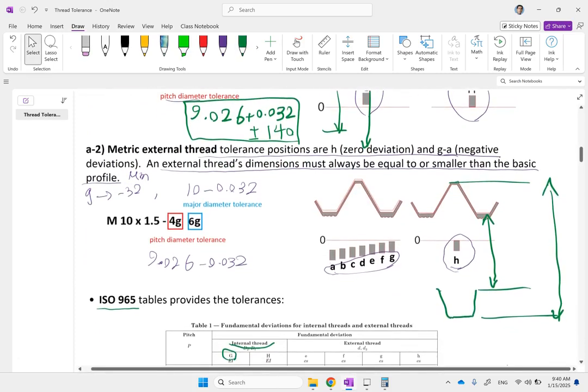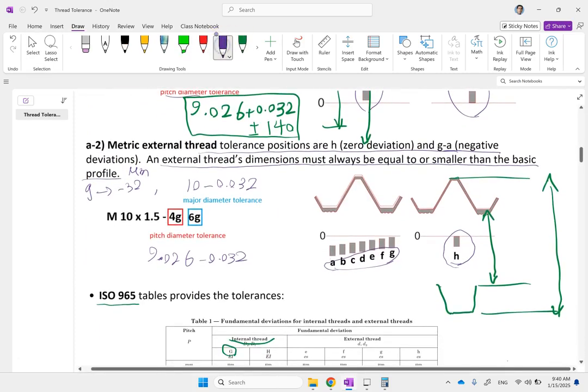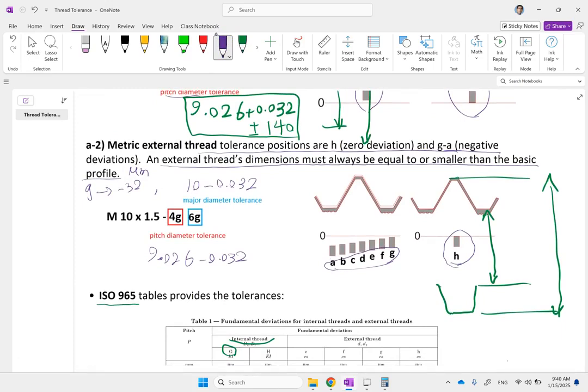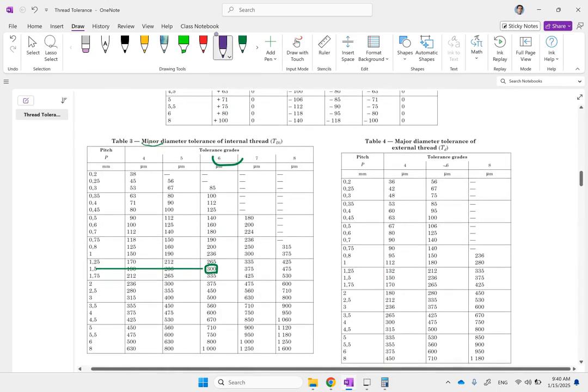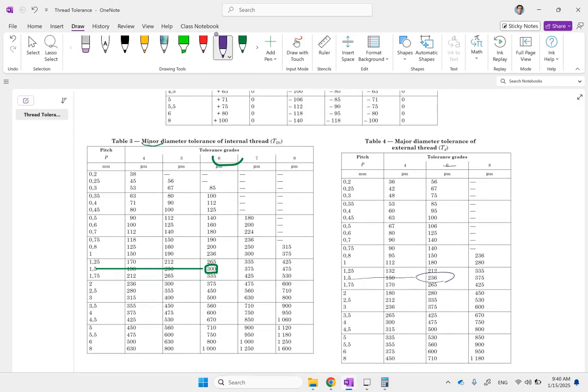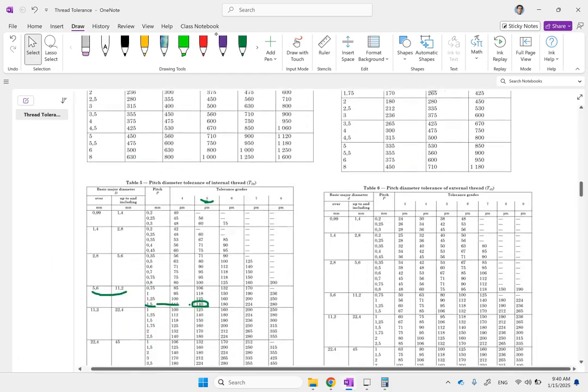Now, if you want to do it for this external one, pitch is 4, major is 6. So we go to major 6, class 6, that is major, pitch is 1.5. Again, we go down. You see the number is 236. And then for pitch, it was class 4.